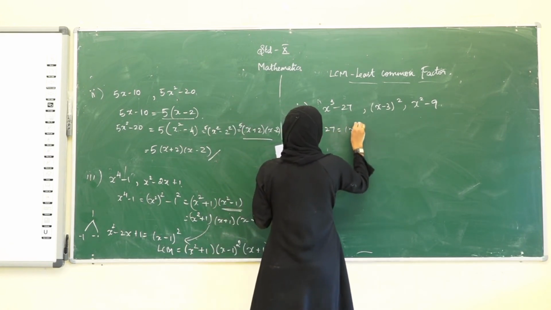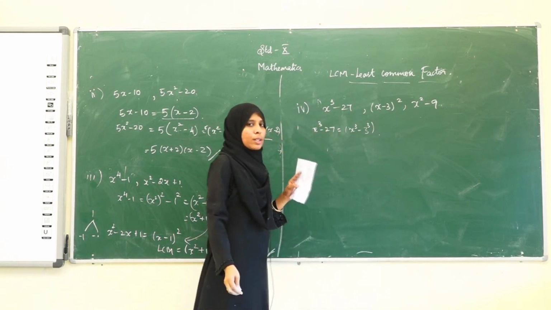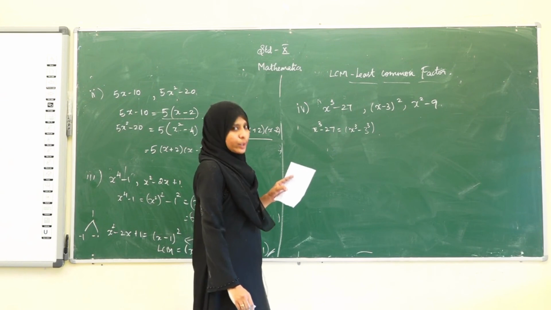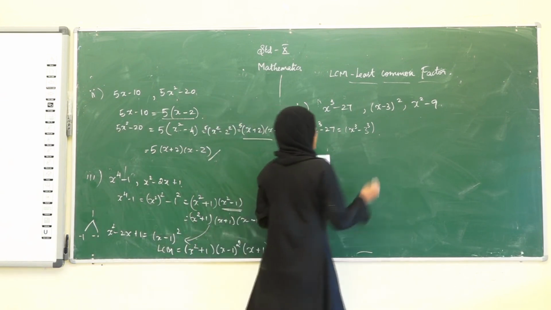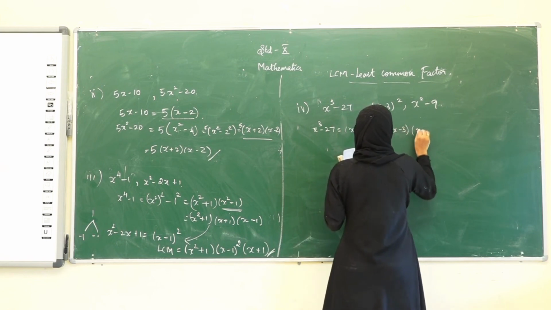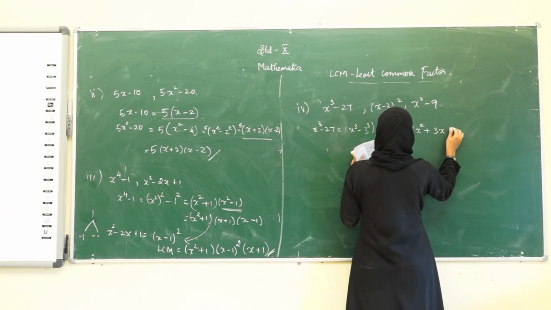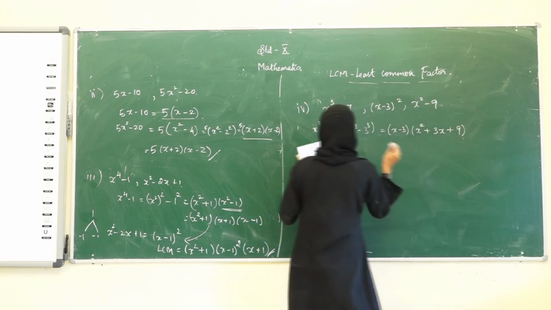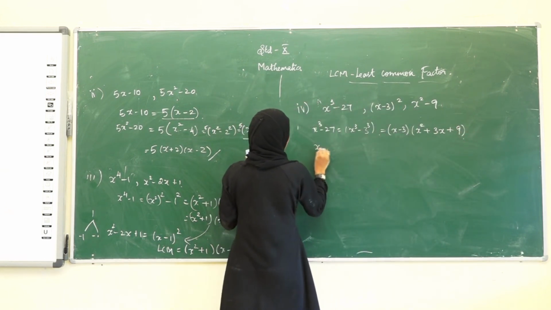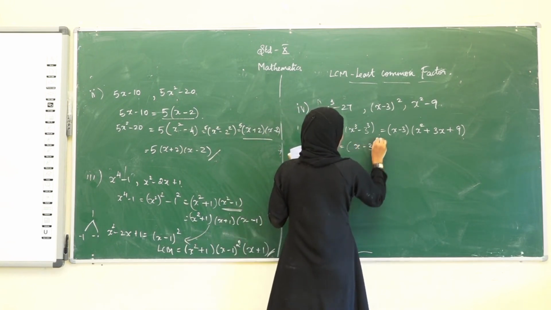As x cube minus 3 cube. We know the formula of a cube minus b cube is a minus b into a square plus ab plus b square. So x minus 3 into x square plus 3x plus 9. And the second term we can keep as it is, x minus 3 the whole square.